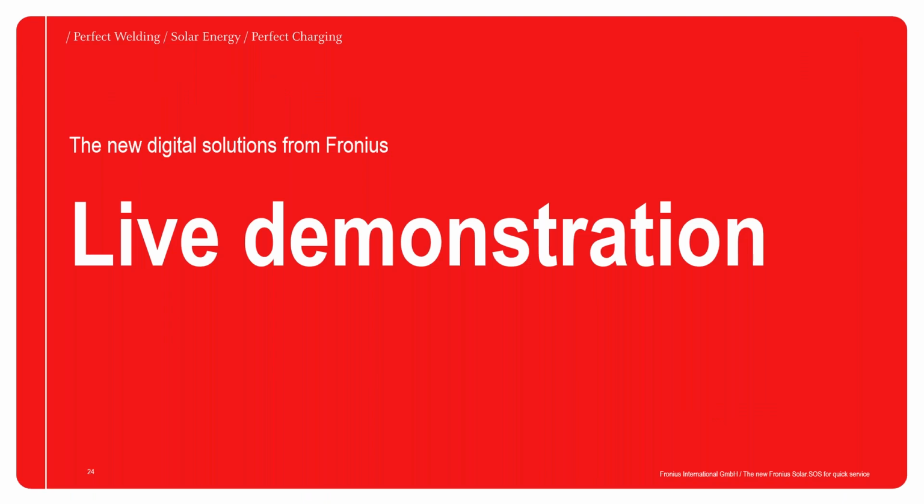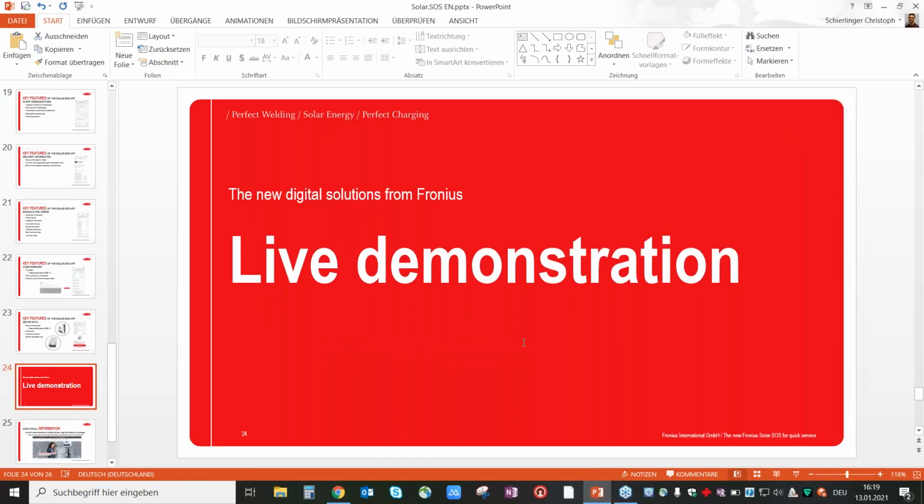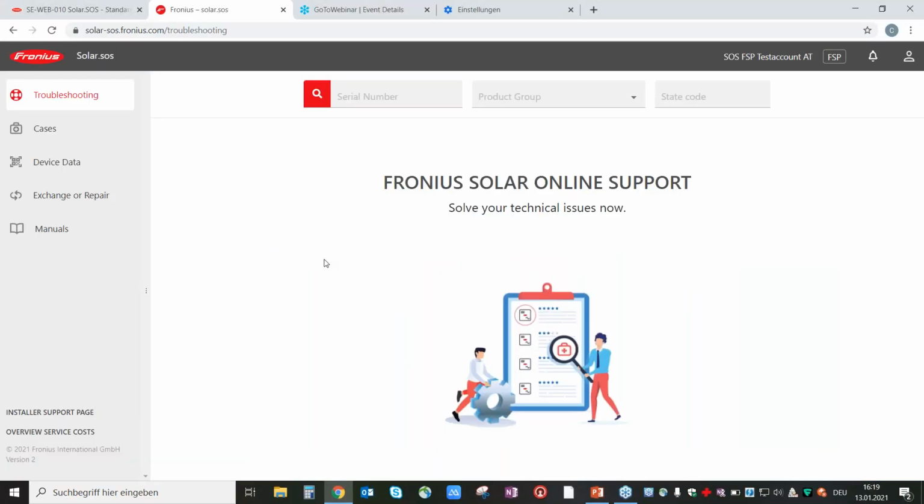Okay, so as I mentioned, now we will quickly skip to the browser. I've already opened the tool there, and I now want to show you the main features of this tool. So I quickly switch down here. As I mentioned, the declaration of consent pops up the first time you log in.